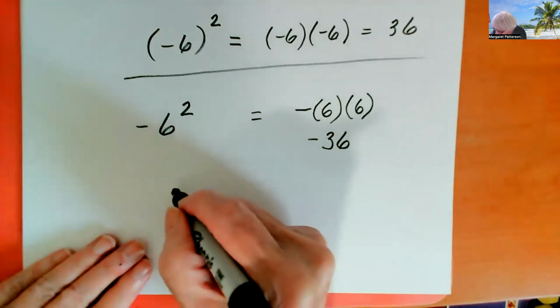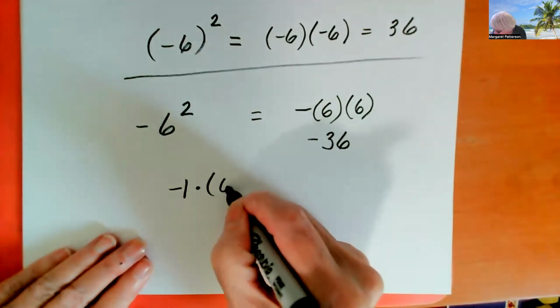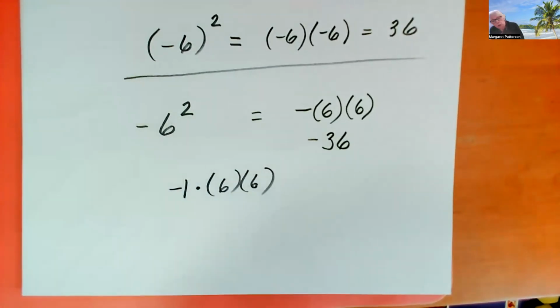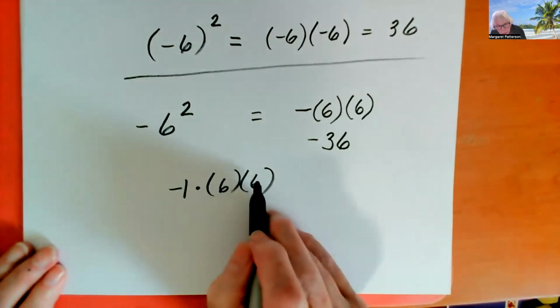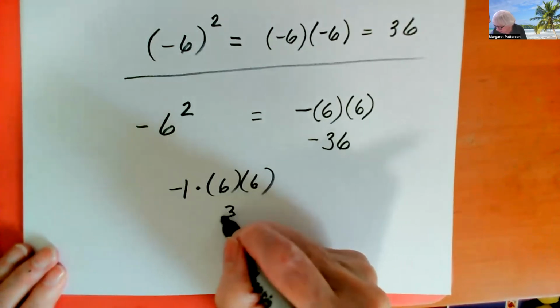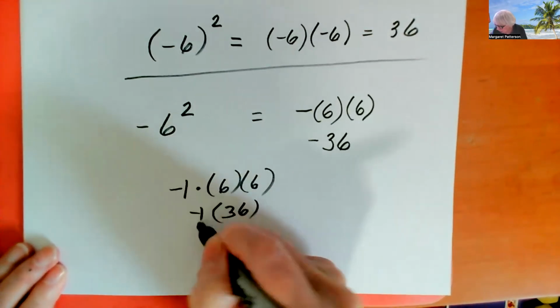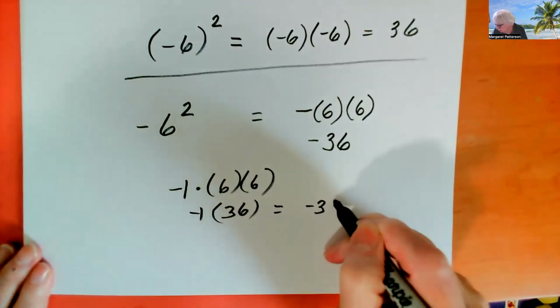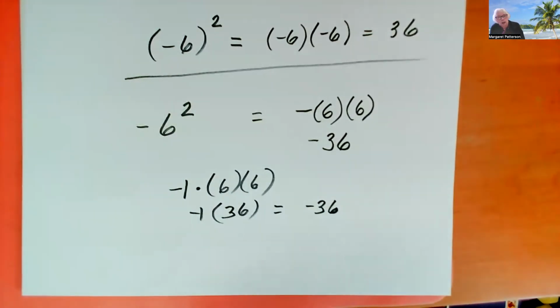It's almost as if it's 6 times 6 with a -1 multiplied to it. So when you multiply these two and get 36, and then a -1 times it would be -36. I've seen calculus students that made this mistake. It's just so easy. But we will keep working at it until we get it.